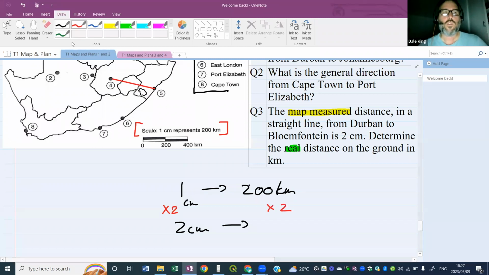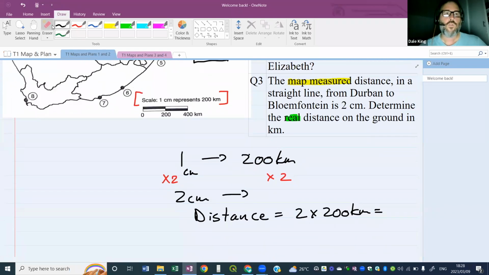So the distance will equal 2 times 200, which equals 400 kilometers. Very good. Nice and easy, hey?